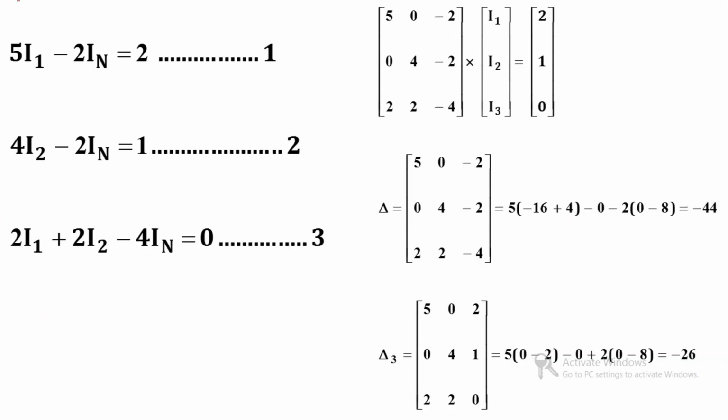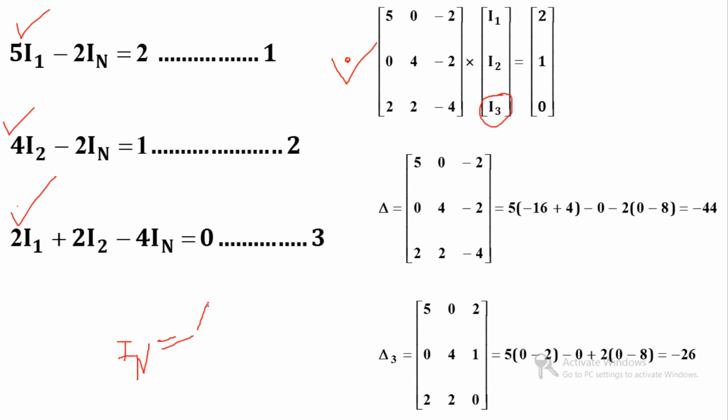All these three equations for loops 1, 2 and 3 will be over here. Based on that, I can arrange the matrix formation for all three equations to use Cramer's rule. Based on this matrix, I have to find out the value of current IN, that is I3.